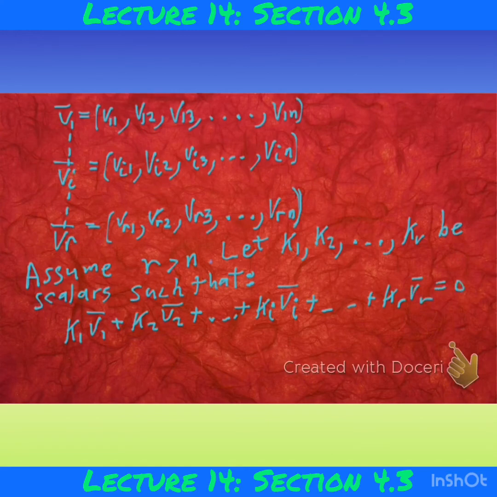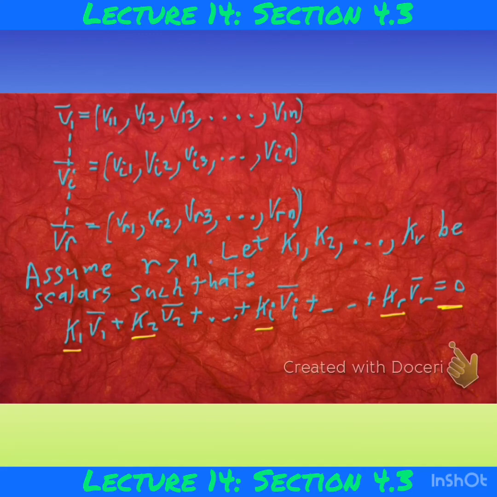Now to check whether we have linear dependence or independence. For linear independence, we need to show that the only solution to this equality is when all those scalars, k1 up until kr, must all be 0.